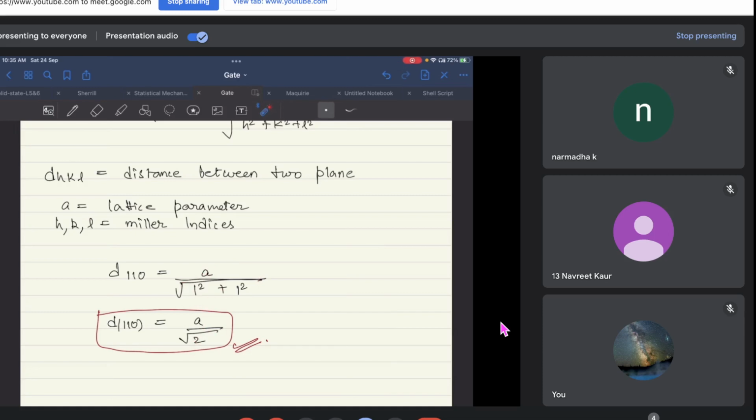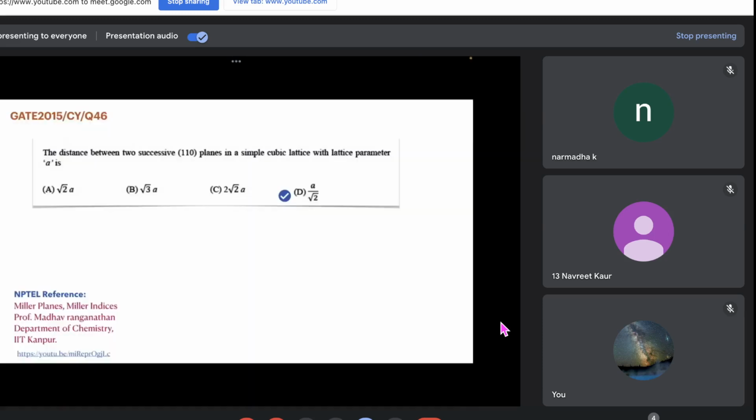So the distance between two successive 110 planes in a simple cubic lattice is A upon root 2. So the correct option for this question is option D, A upon root 2.